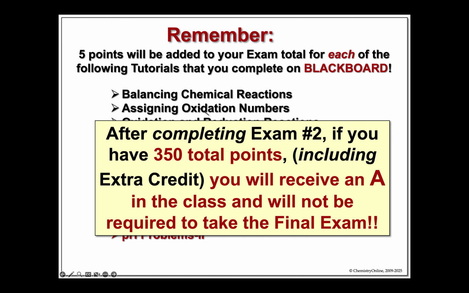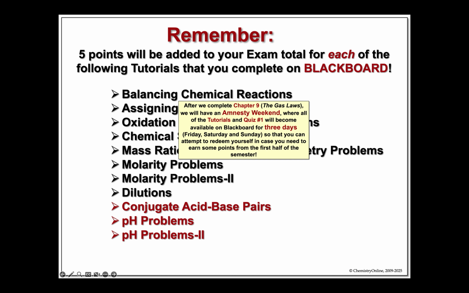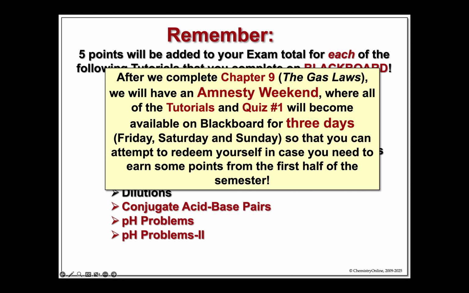Even if you have 350 now, you still have to take exam 2. Remember that after we do chapter 9, if you don't happen to have 350 points right now, amnesty weekend, Friday, Saturday, and Sunday. Shuts off Sunday at midnight.